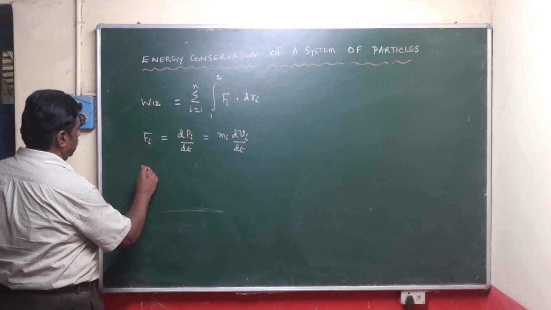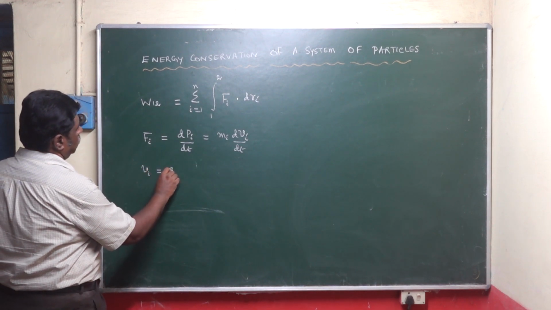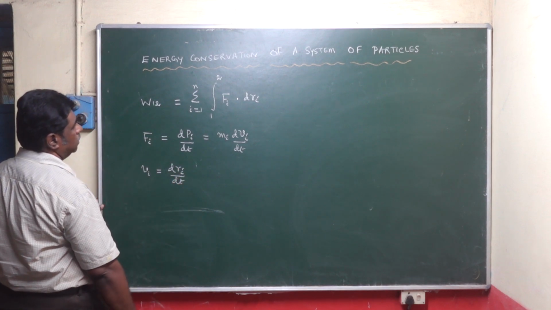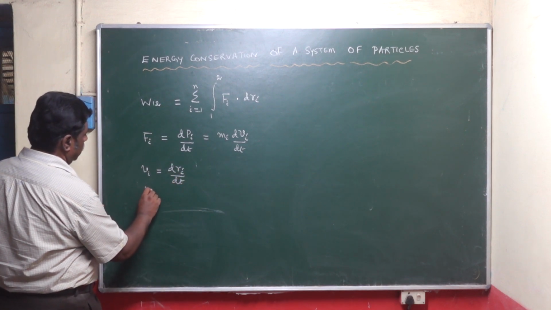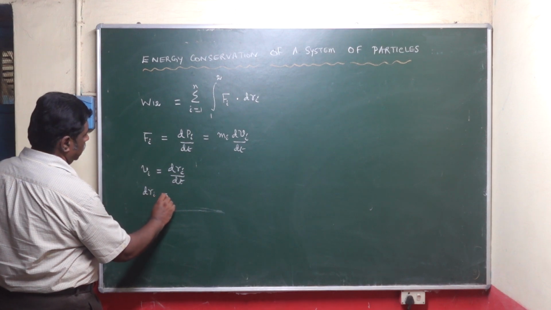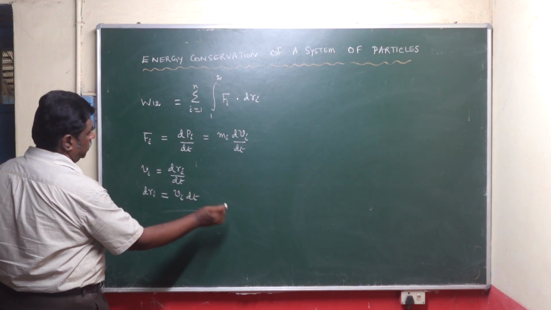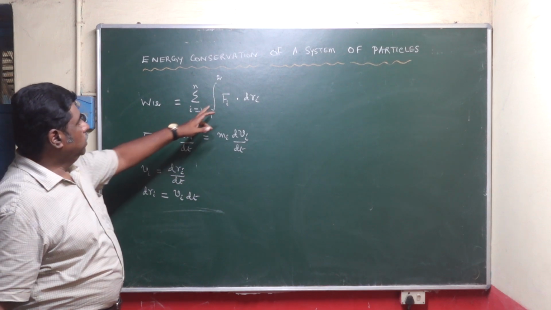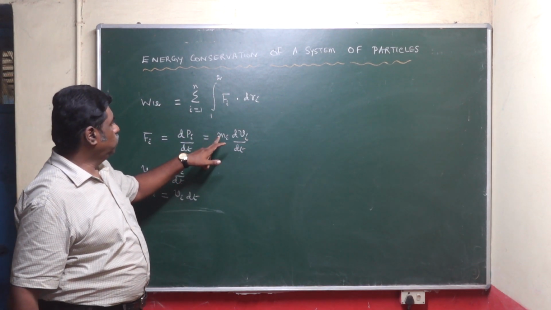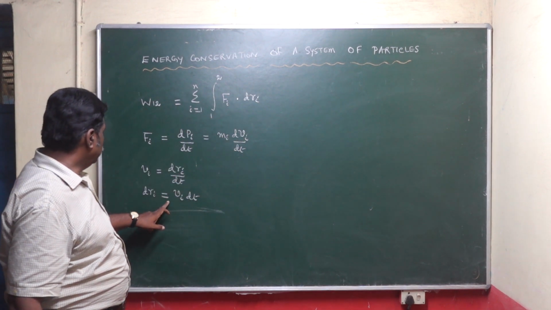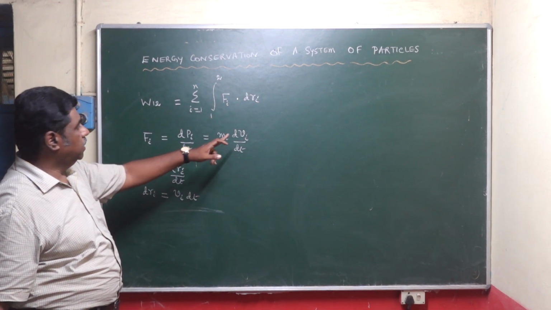Then the value of vi = dri/dt. From this we can write dri = vi dt. So instead of Fi, we substitute mi dvi/dt, and instead of dri, we substitute vi dt.